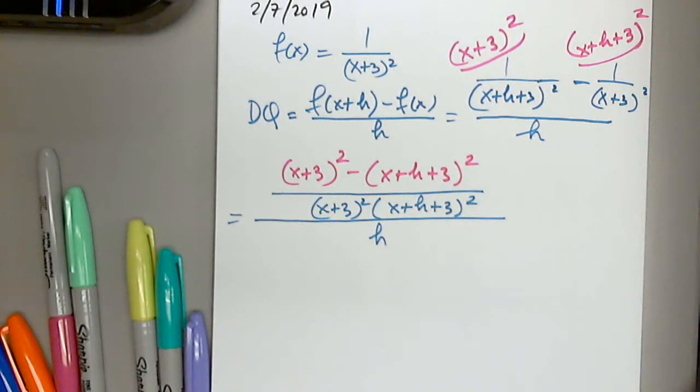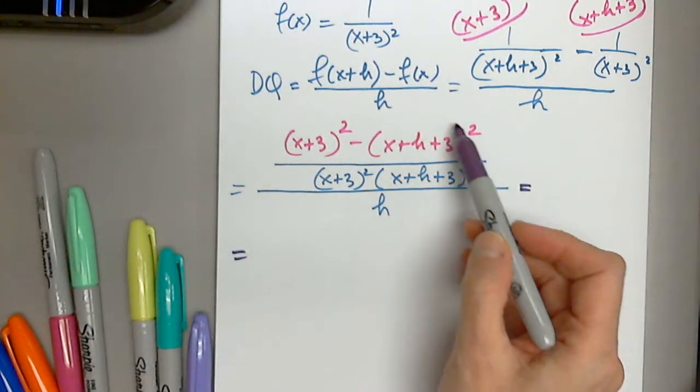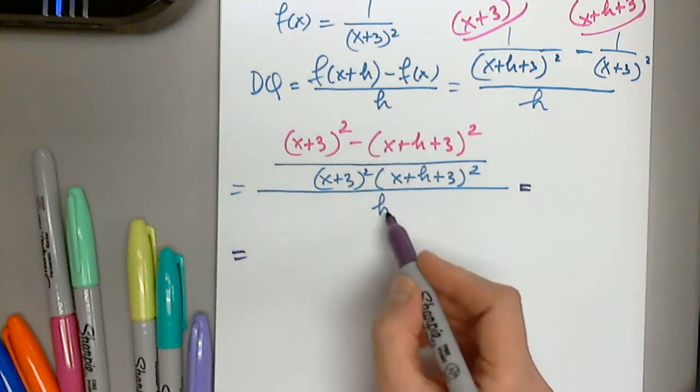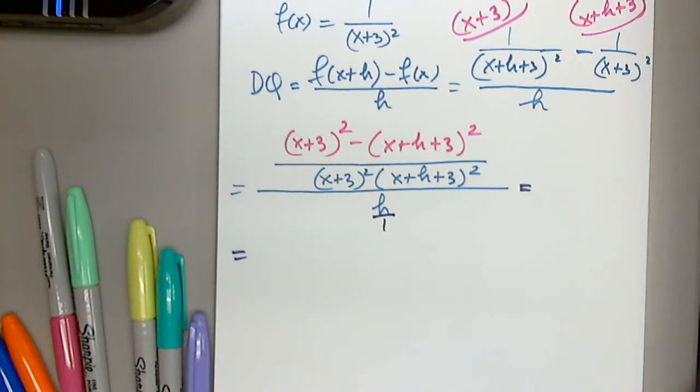Good, perfect. So here's what I recommend. First of all, I have a fraction at the top, and I also have a fraction at the denominator. Before we proceed, there are two things that I have to remember. Every time I calculate or simplify the difference quotient for any function, two things must happen. What is the first thing?